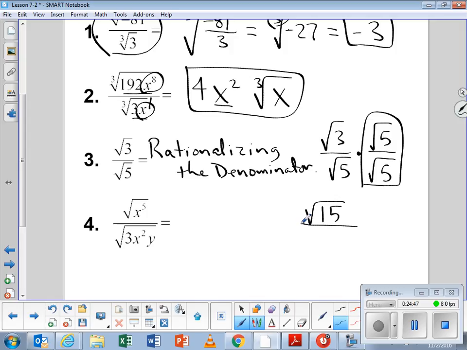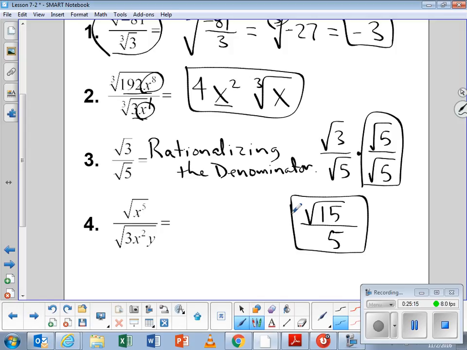And on the bottom, square root of 5 times square root of 5 is 5. And for some reason, your brain sees square root of 15 over 5, and it's going to want to reduce. Okay? But it doesn't. Square root of 15, that's the square root of 3 times 5. That's not the same as 5.